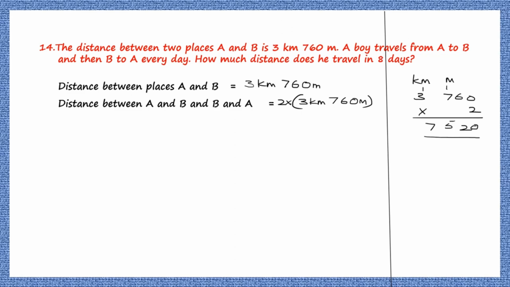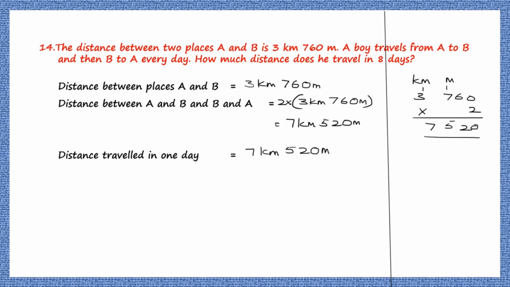So we have 7 kilometers, 520 meters. This is the distance between A to B and B to A. That means this is the distance that the boy travels every day. So the distance traveled in one day is 7 kilometers, 520 meters.